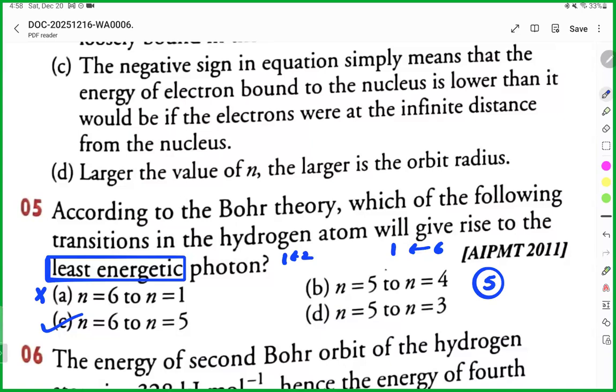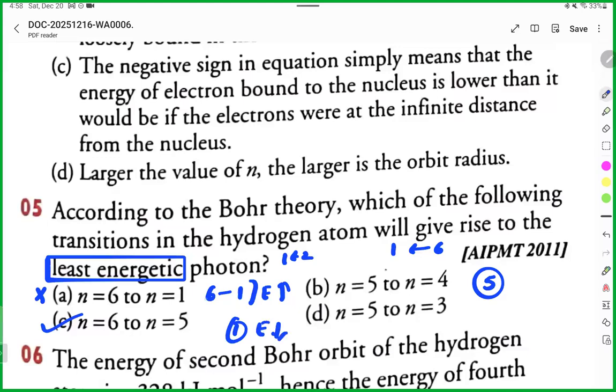Minimum difference will have minimum energy. And if the difference is the same, then you look for the maximum value. Understood? Two rules. First, the difference. For example, in the first situation, 6 to 1 difference is very high, so energy will be maximum. In B and C, the difference is only 1, so energy will be minimum.